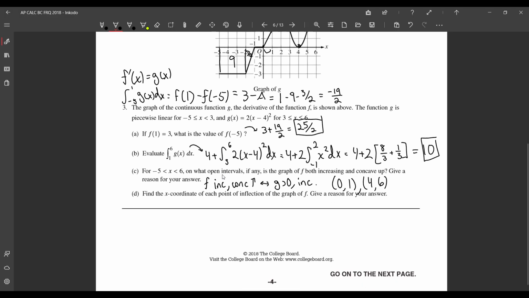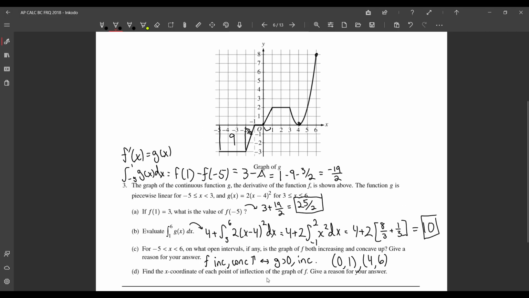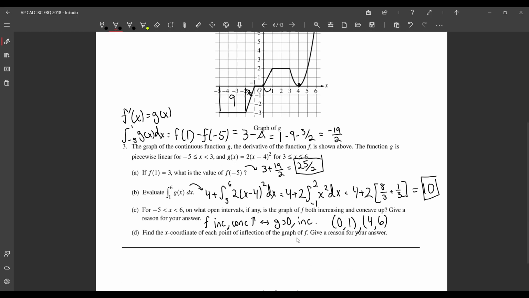Now find the x-coordinate of each point of inflection. So again, f double prime changes sign exactly when g prime changes sign.